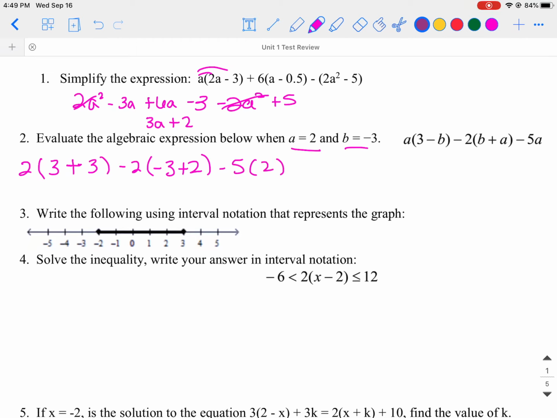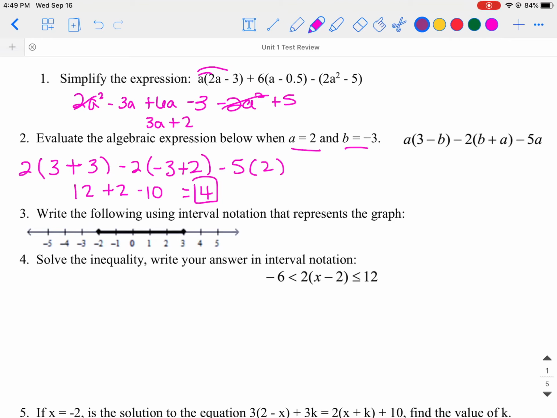So in the first set of parentheses, we get 3 plus 3 is 6, times the 2 out front makes 12. The second set, negative 3 plus 2 is negative 1, times the negative 2 is positive 2, and negative 5 times 2 is negative 10. So we've got 12 plus 2 is 14, minus 10 is 4.